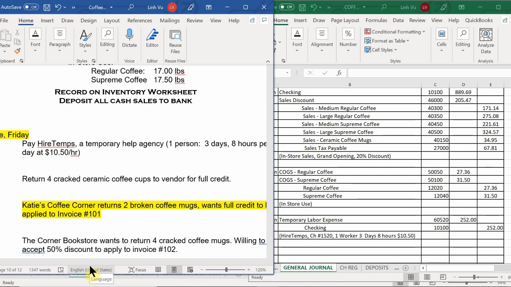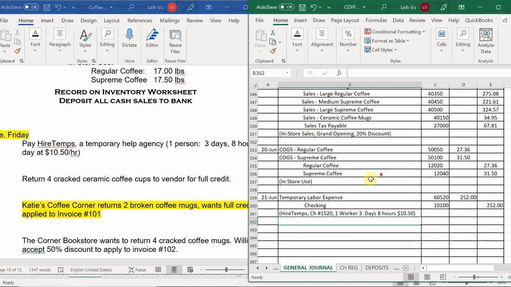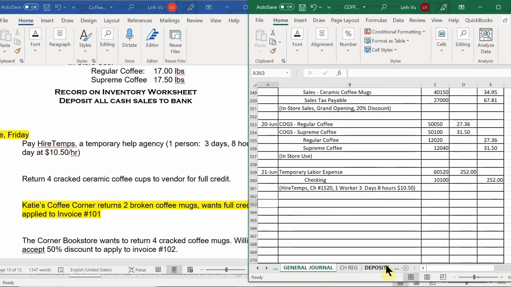Let me see if I remember. So we go to the journal. We're going to write the return. Purchase return. I forgot how we got that.